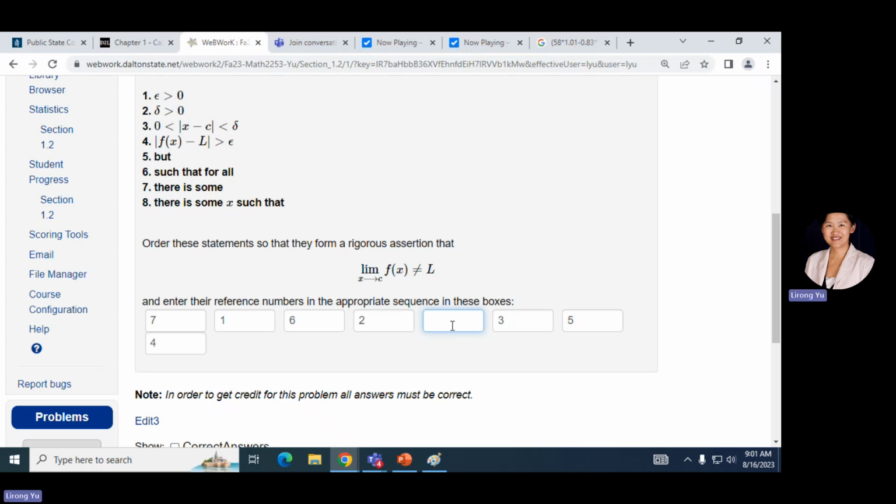There is some x such that, so it's here or here. In English, let's try to connect them.